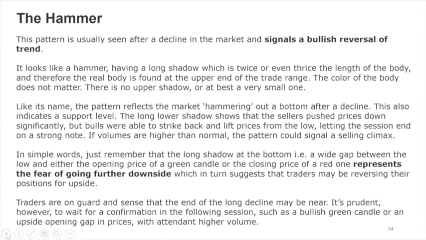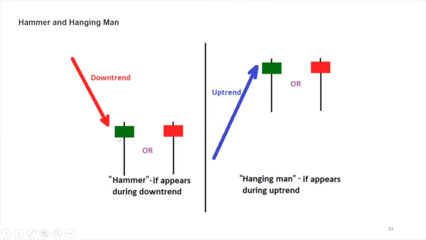Okay, what is it telling? When you have this kind of form, it doesn't mean you need to buy straight away. As I told you, what they're telling is that the next candle should form as a bullish candle. If the next candle is formed as a bullish candle, then it confirms the price is going to move up. That's the time that you buy and earn some pips.